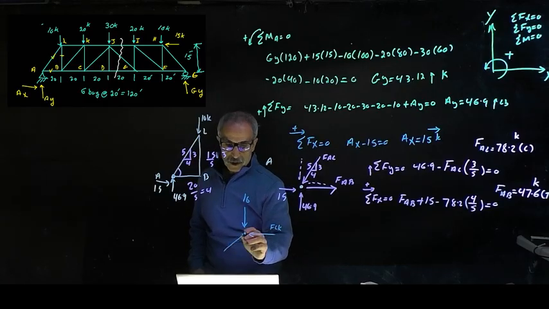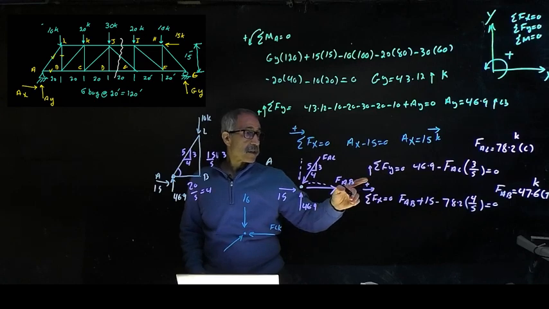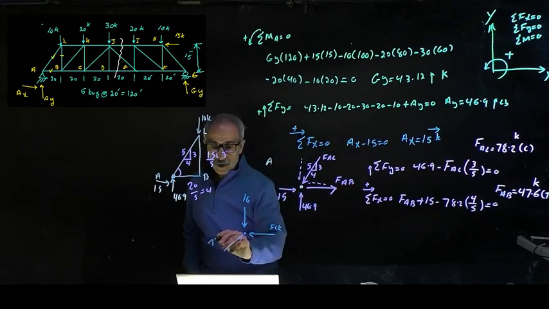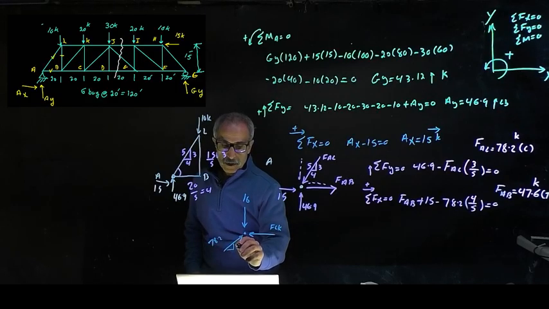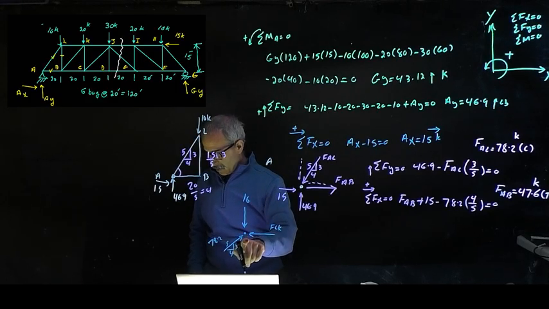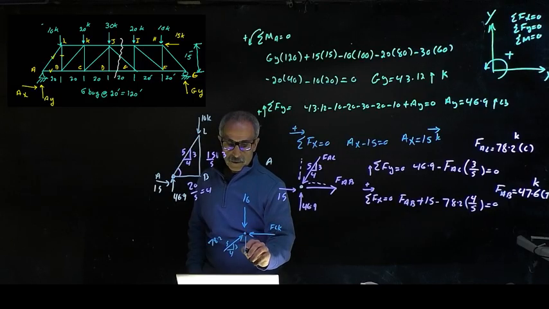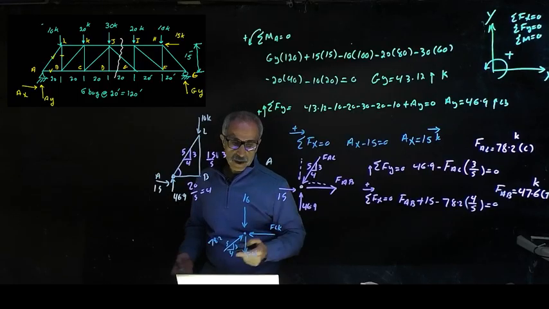We already figured it out. That was 78.2 in compression, which is a 3, 4, 5, and then I think there's one coming down this way, and that's the one we're looking for, FLB. So I'm going to assume it's tension. Okay, I could be wrong.